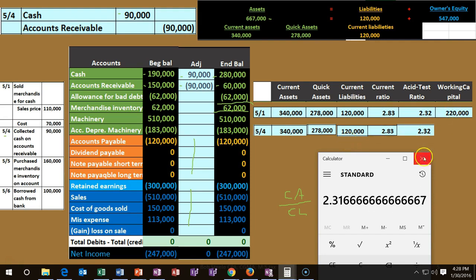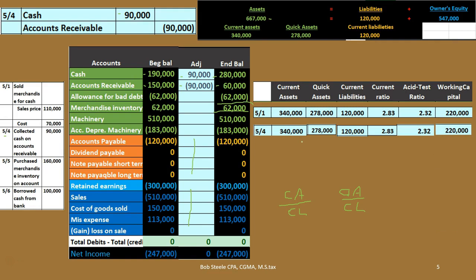That gives us our 2.31, and we're going to round that so we can pay over our current liabilities 2 times and 32% of another time with our quick assets. And then we're going to take our working capital, which is going to be the 340,000 current assets minus the current liabilities of 120,000, gives us that 220 there.